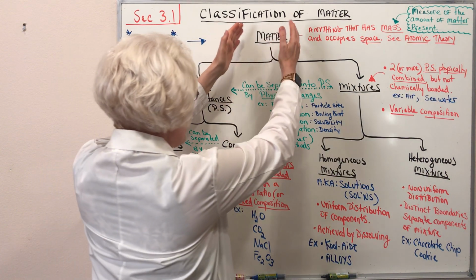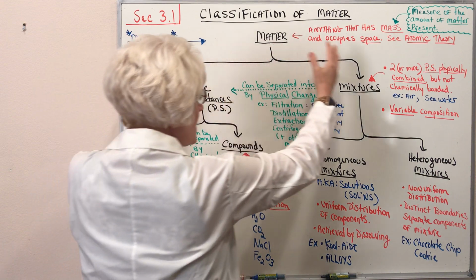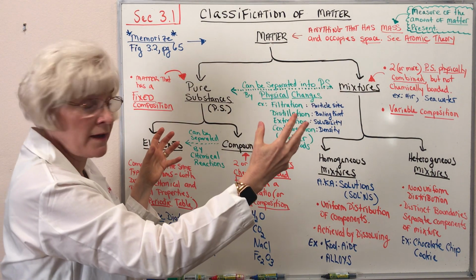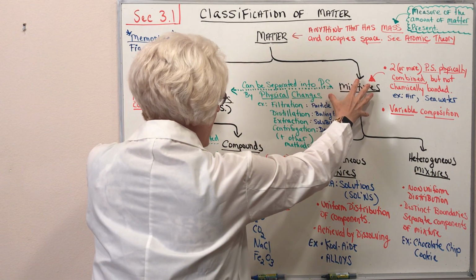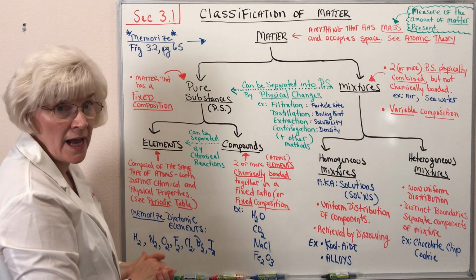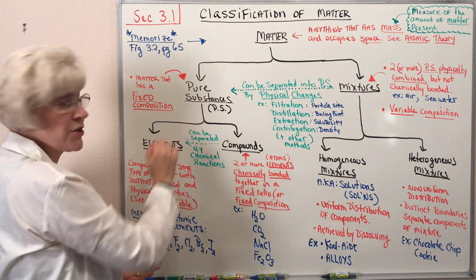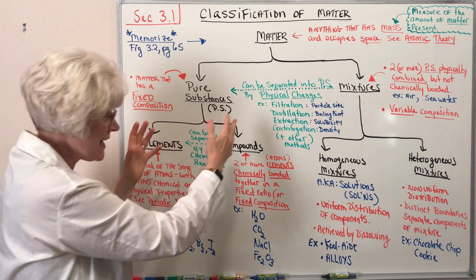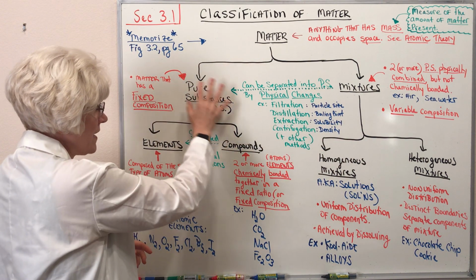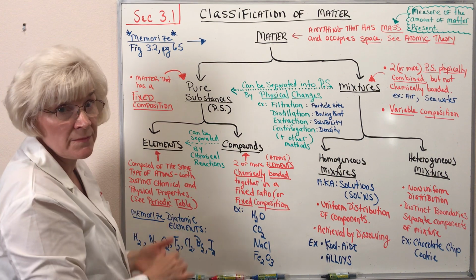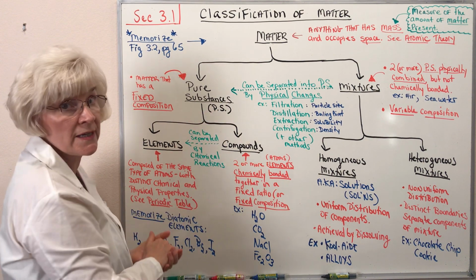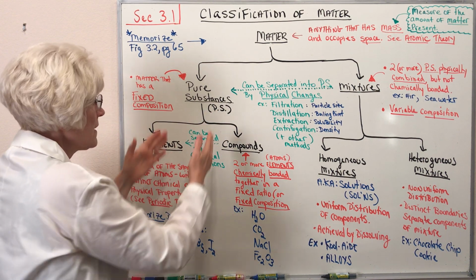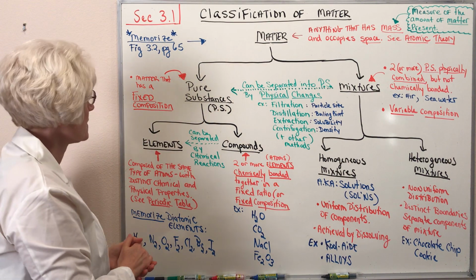So here we have matter, and we are taking matter and we are classifying it into two major categories. The first category we call pure substances, and I'm going to use that term again later on, so without having to write it all out, you'll see me just abbreviate it P.S. Now, what are pure substances?